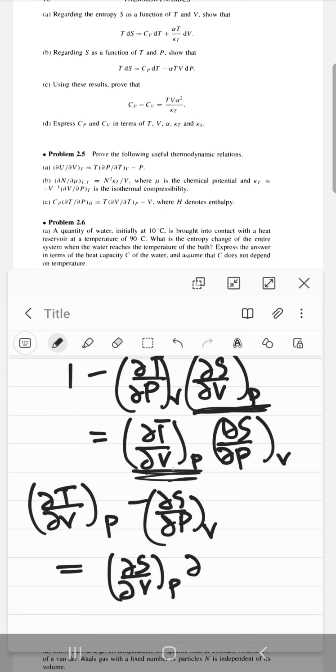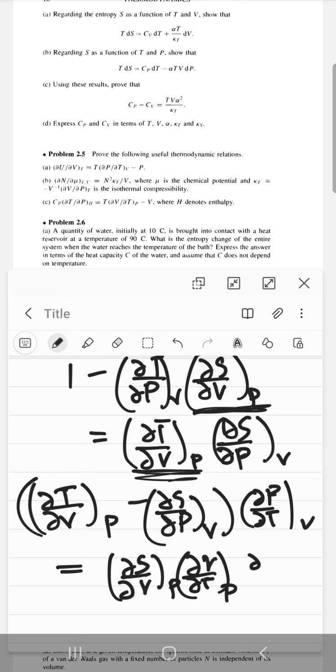So now you multiplied by this thing, right? So partial p by partial t at constant pressure and partial p by partial, so yeah, this term is going to be multiplied by that partial p by partial t at constant volume. Amazing. Interesting.